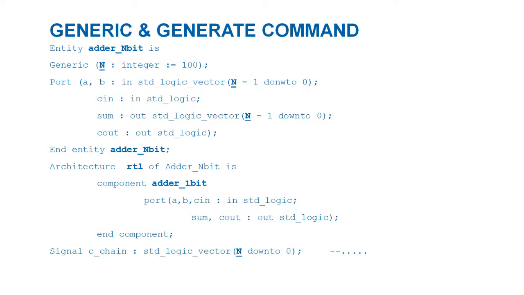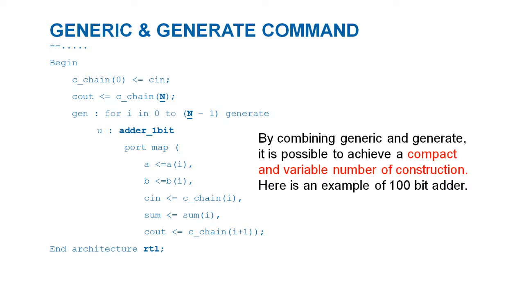Here is the continuation that says that we have carry chain 0 attached to the input carry in, and carry chain out attached to the highest bit or highest position of our carry chain signal.